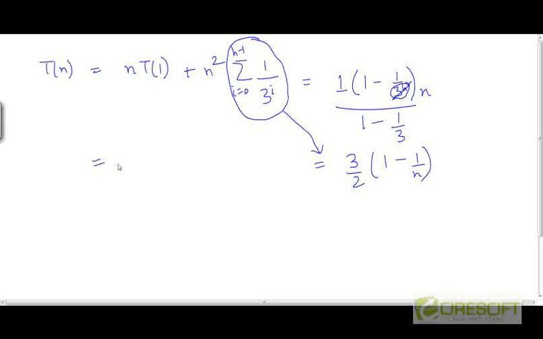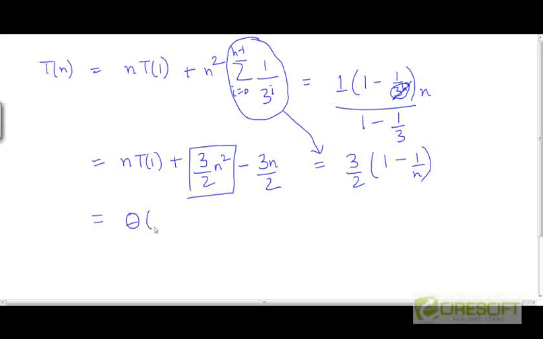So we get t of n as n times t of 1 plus n squared times this expression. So the first term is 3 by 2 and the second term is minus 3 by 2n. So you can see that the dominant term here is n squared, and so we can write t of n as theta of n squared.